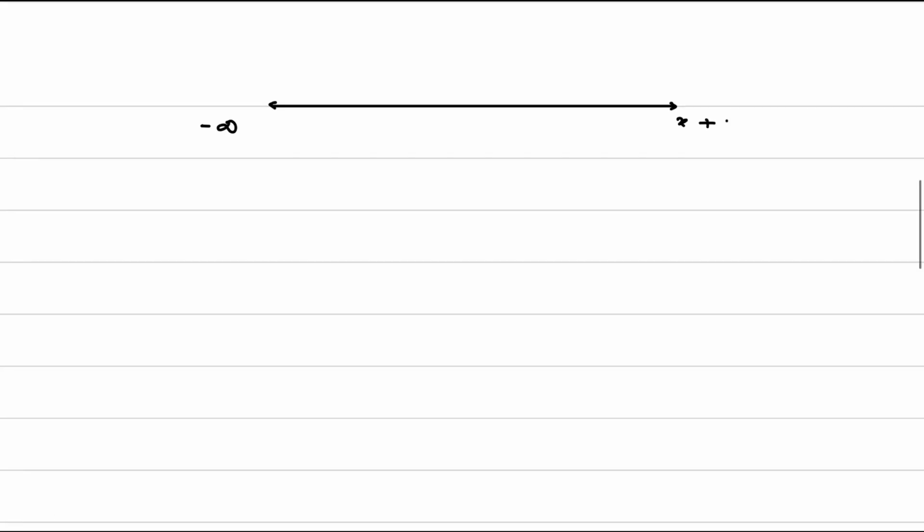When number system is like this, minus infinity to plus infinity, on a single line, having one 0, and natural numbers, whole numbers, integers, rational numbers, irrational numbers, everything will be between this.